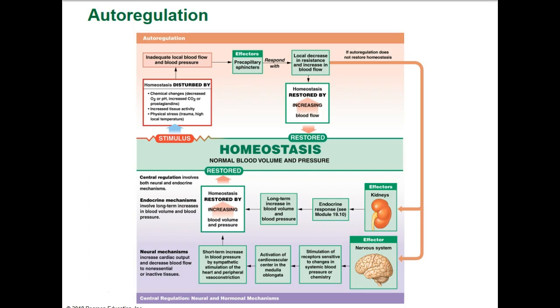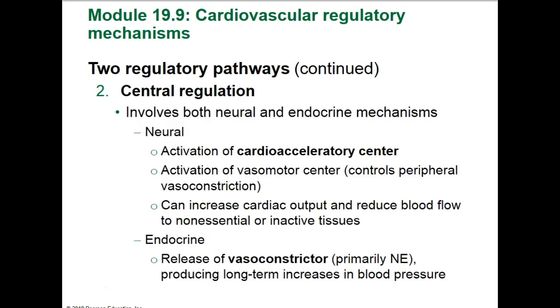Now, on the other hand, down here they show the central regulation. And we're going to go to that here. So this involves neural and endocrine mechanisms. The neural part is when we activate the cardioacceleratory center. And we're activating the vasomotor centers that control the peripheral vasoconstriction.